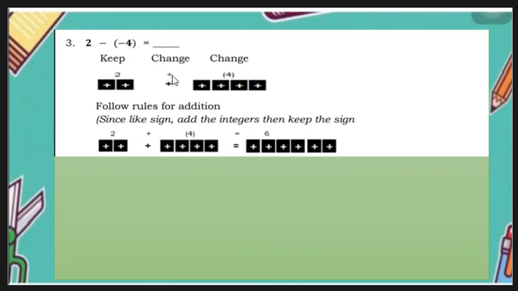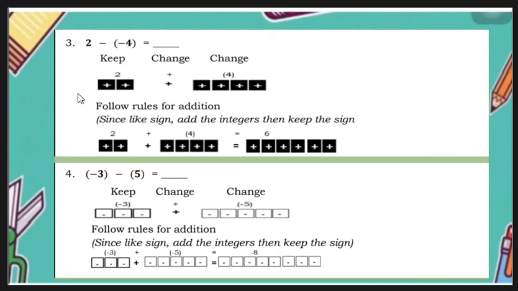Since negative magkasunod, so magiging positive na ang sign. Again, once na magkasunod yung sign na negative, it will become positive. Therefore, we have here the positive 4. Then we have positive 2 plus positive 4 is equal to 6 or positive 6.